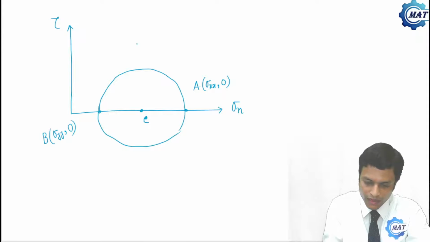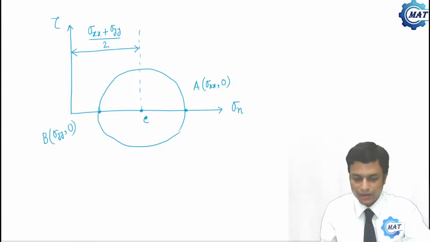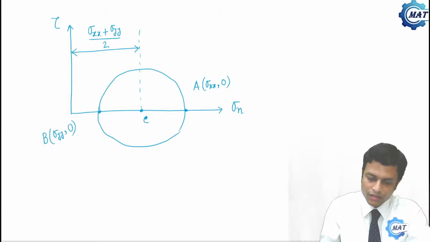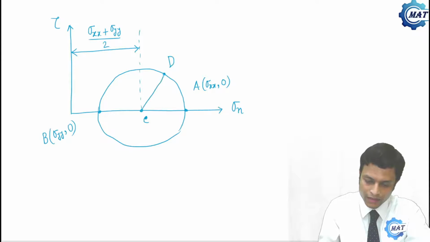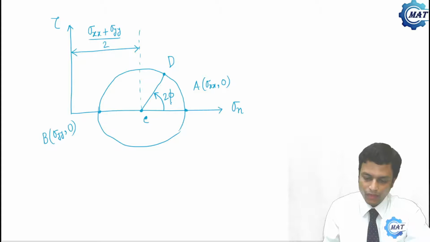We have already calculated that this value is (sigma xx plus sigma yy) by 2, or sigma average. Now let us draw a point D on the Mohr circle such that angle DCA is 2 phi.